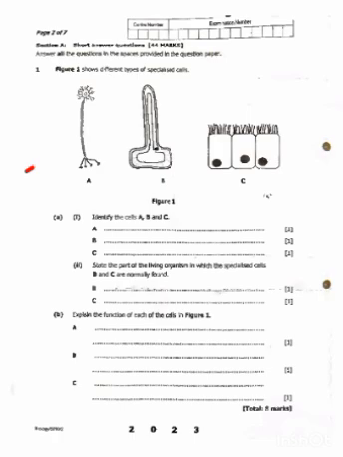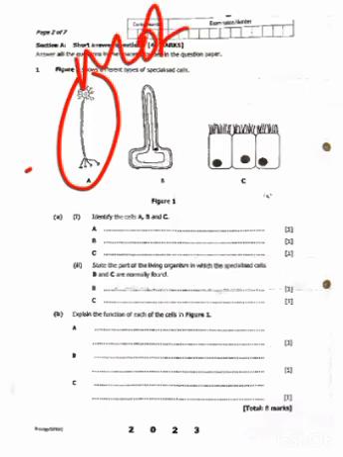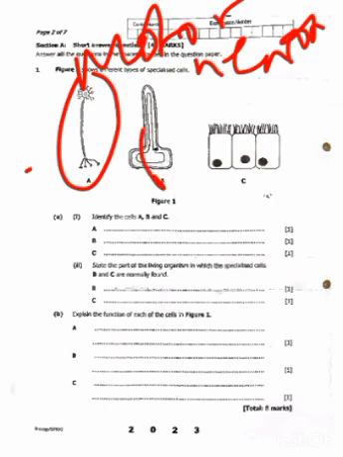Now let's come to the first question. A1: identify the cells A, B, and C. Cell A is a motor neuron, so we need to know that. Cell B is a root hair cell.